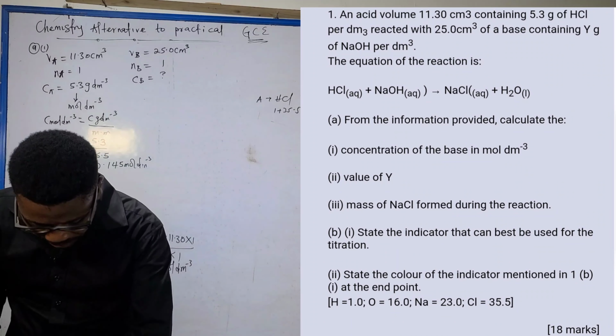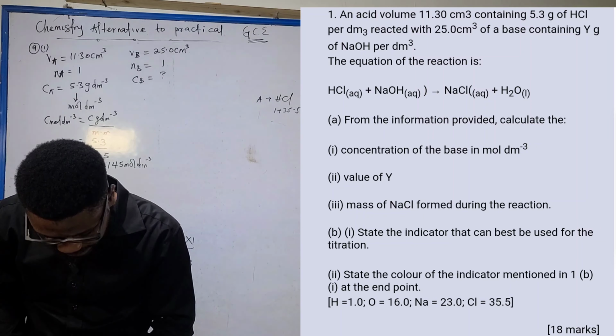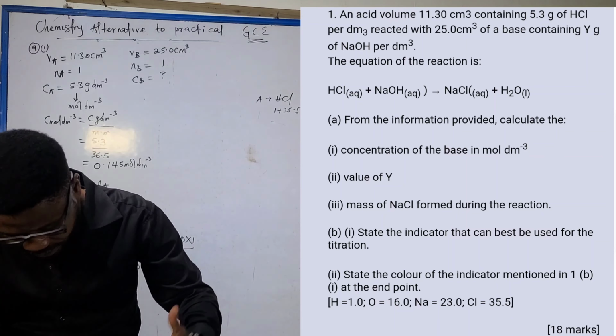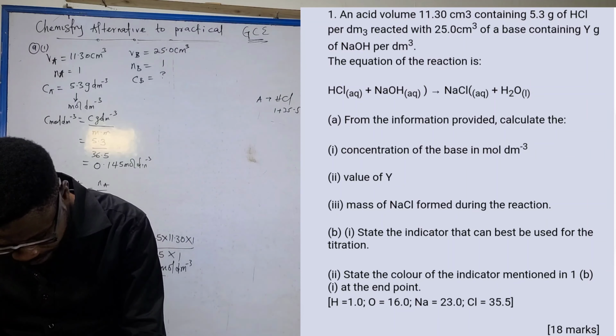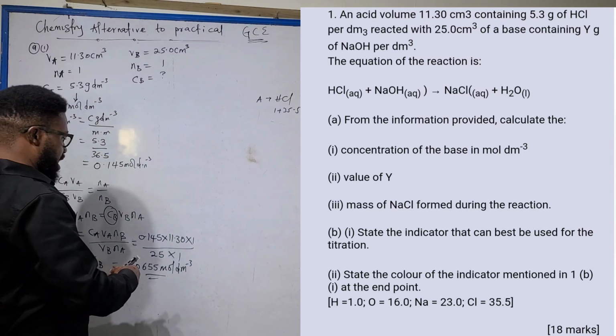Now, the value of Y is the next thing I was told to look for. If you look at the question displayed on your screen from the beginning, 25 cm cube of a base containing Y gram of sodium hydroxide per dm cube, it is telling me to calculate the value of Y too.